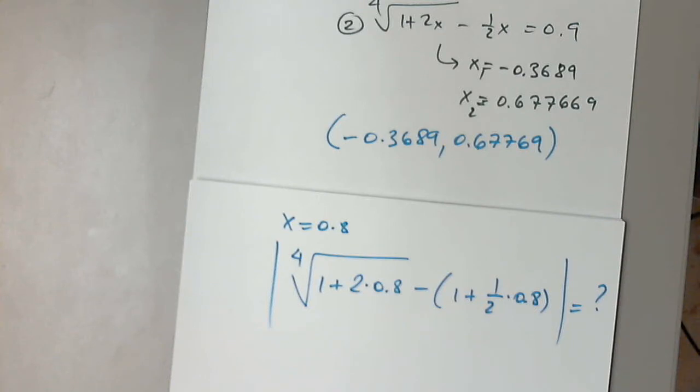So parentheses, 1 plus, but remember the absolute value should be there, 0.4. So when I click enter, I get a number, it's the absolute value, greater than 0.1 because I did not stay within the range of negative 0.3689 and 0.67768. That's why the error is bigger than 0.1. It's not that much bigger, but it's bigger. The error in absolute value is 0.13017.